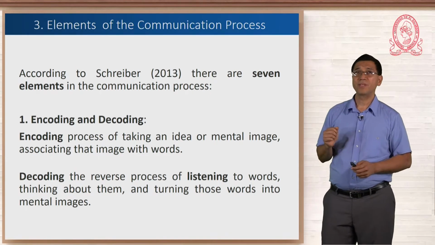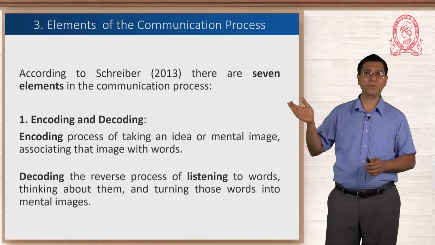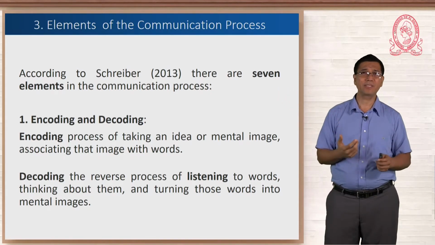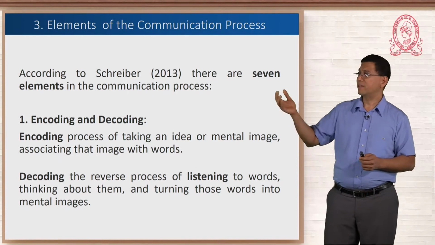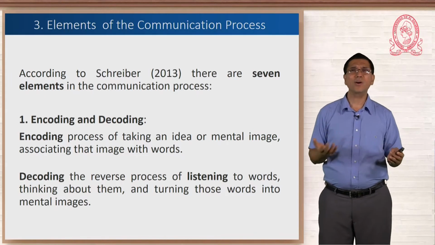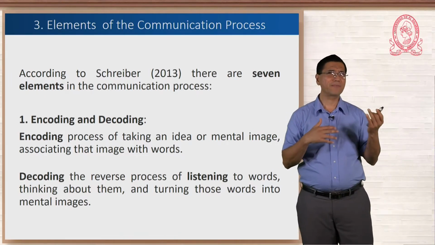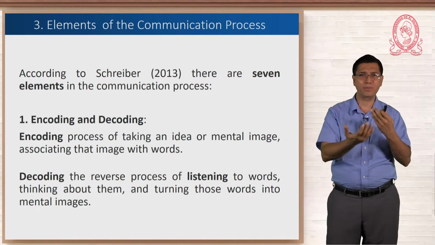According to this well-known author, there are 7 elements in the communication process. We call number 1 the encoding and decoding. So what is encoding about? Well, it's the process of taking an idea or mental image associated with the words that you produce.